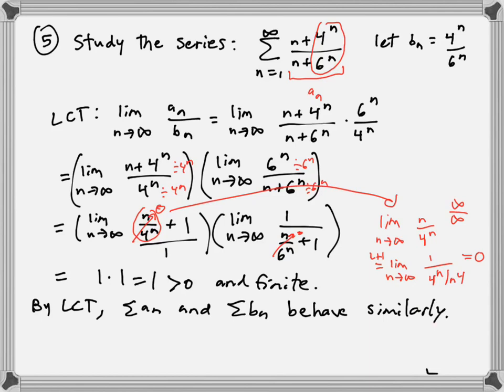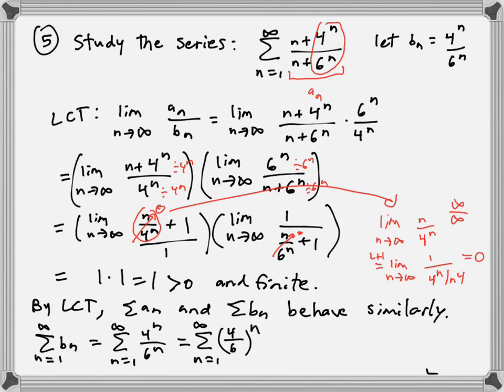Of course, we're not done because we have to say what b_n does. So what can we say about b_n? I know we've been using p-series a lot lately, but this is not a p-series. We have 4^n over 6^n. This is actually equal to (4/6)^n.